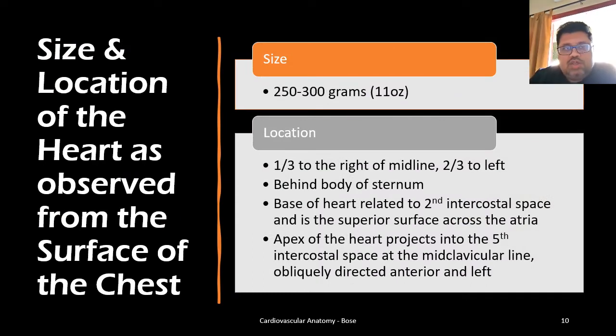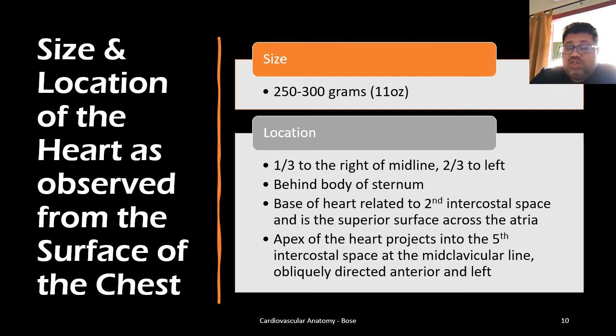The heart is a central organ of the middle mediastinum and is approximately 250 to 300 grams, or approximately the size of a closed fist of the individual. It is situated 1/3 to the right of the midline and 2/3 to the left.